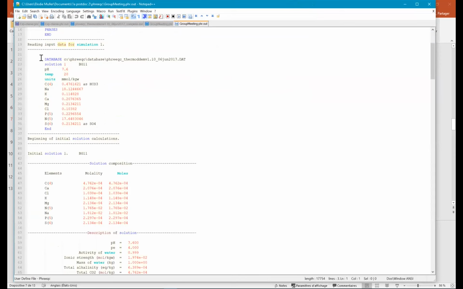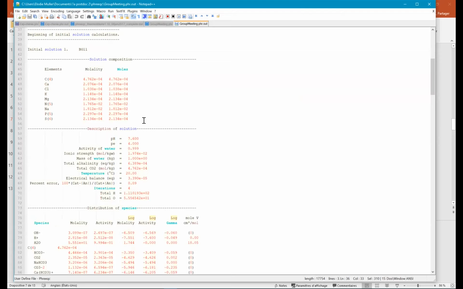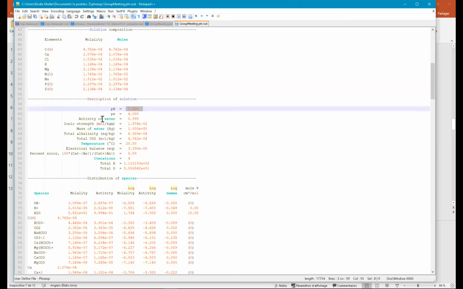You have the solution I wrote, then the molalities of all the elements I put in the solution. Then it calculates. You can tell it to fix the pH or not, but here the pH hasn't changed. The activity of water is 1. The ionic strength is used to calculate the activity coefficients, then the total alkalinity, the temperature, and you see here the charge balance.